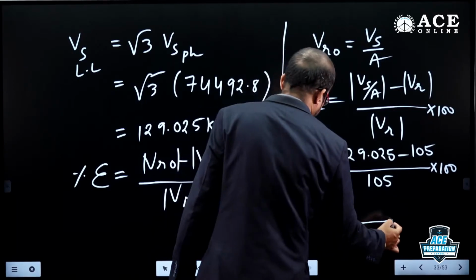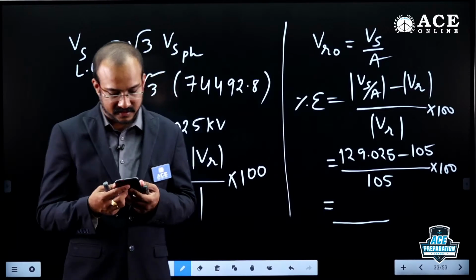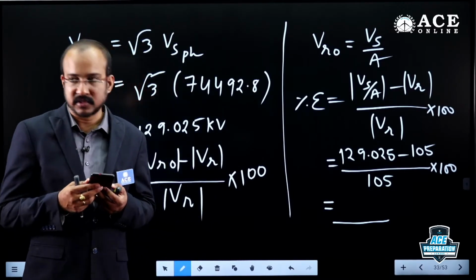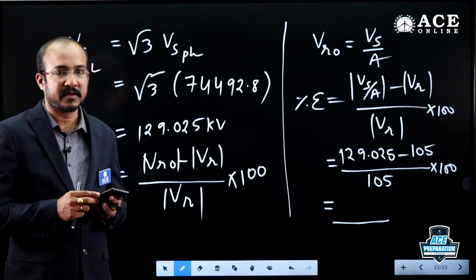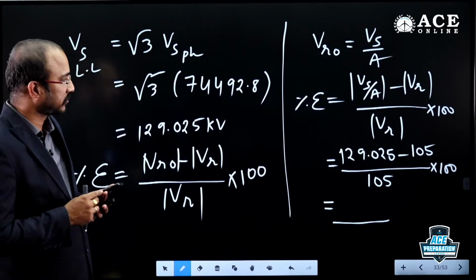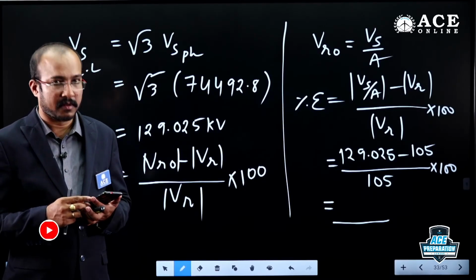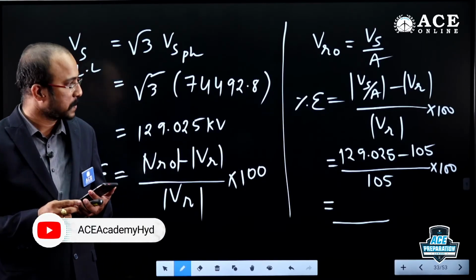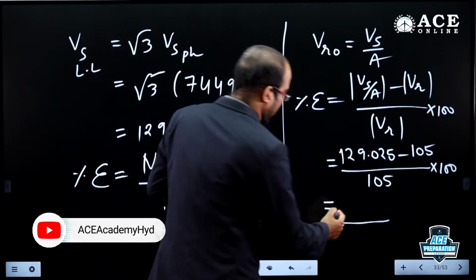So if you simplify this, you will get the regulation. So calculated the regulation value. Done. What is the regulation that you get? Anyone calculated? Great, around 22.8%.